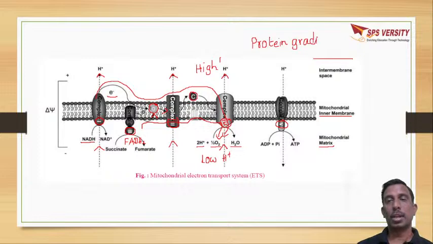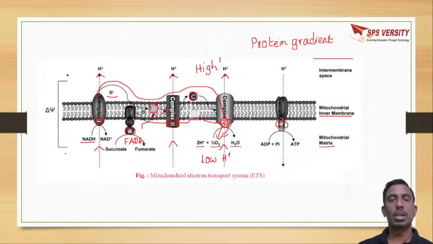प्रोटॉन ग्रेडियंट के वास्ते a force is created, that is proton motive force. Proton motive force बोलते क्या? That is the movement of protons from high to low concentration. So protons have to move from intermembrane space to matrix. लेकिन inner membrane will not allow these protons.